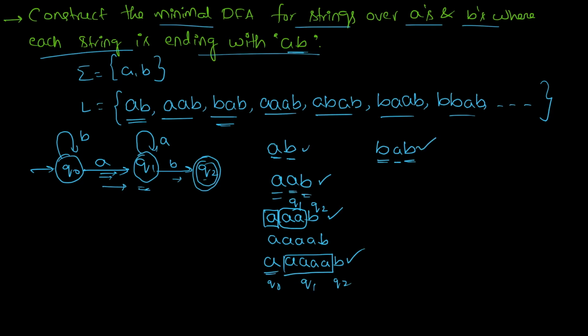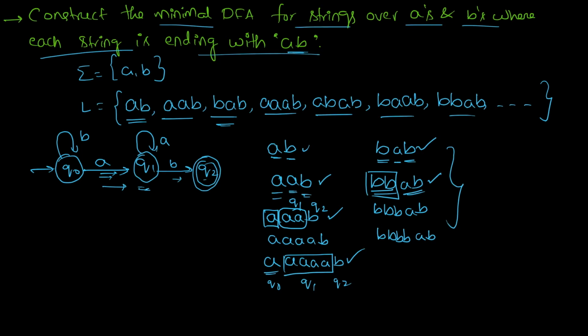The strings like BBAB, BBBAB, BBBBAB, all those strings starting with B, a series of B's and ending with AB are in the language and they come under this category.